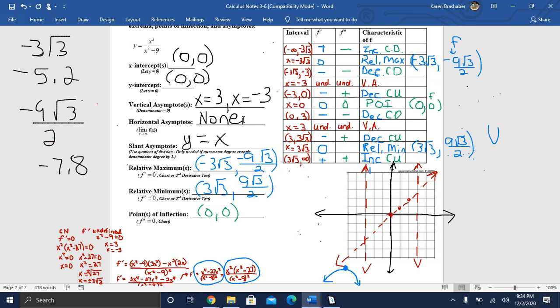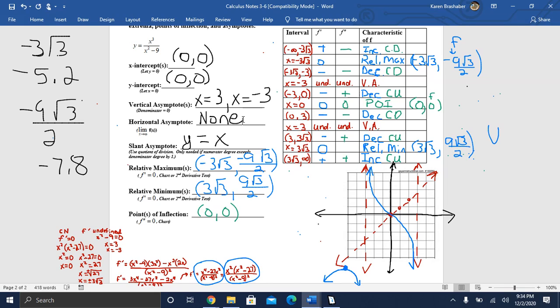So along the vertical asymptote, and we have to be concave up, heading towards 0, 0. But at 0, 0, it switches to concave down because we have a point of inflection. So concave down, we're going to continue to decrease until we get to that other vertical asymptote. So you should see your graph being concave up and then concave down, changing concavity at 0, 0.